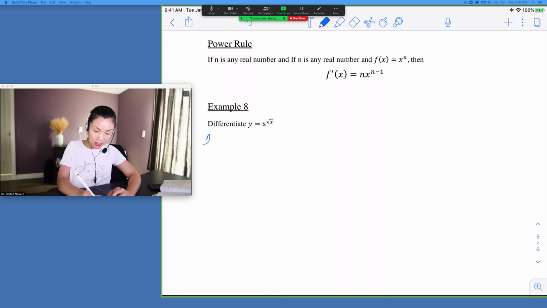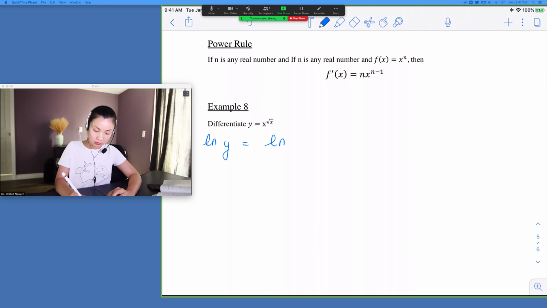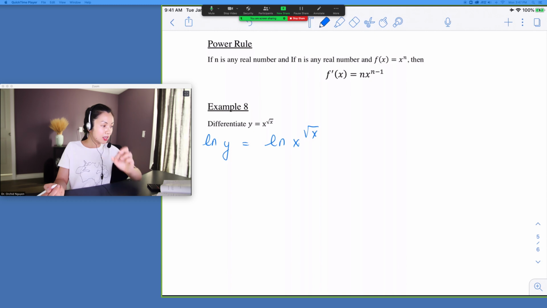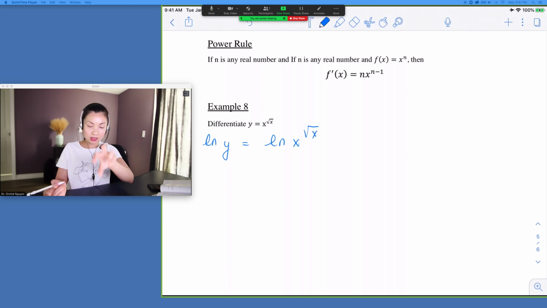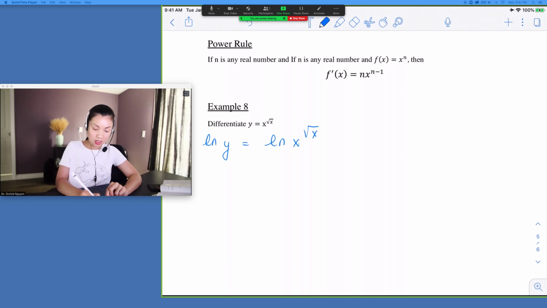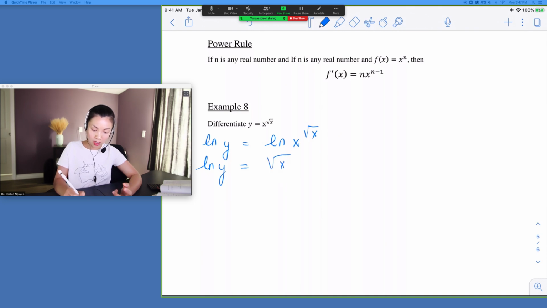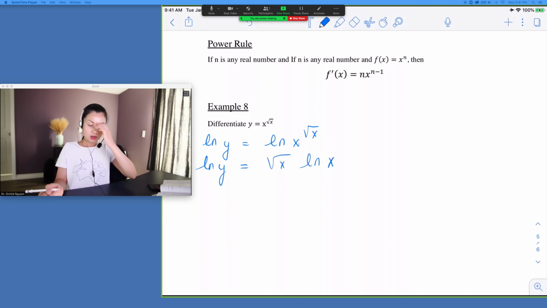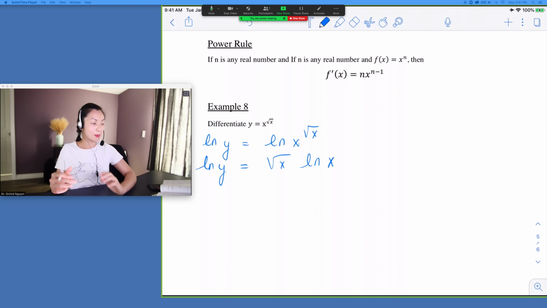So if I apply log, I can take the power to the front. That's the whole point of the log, because we don't want to deal with the power.